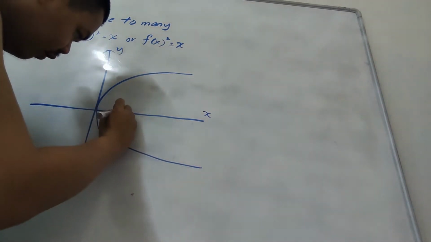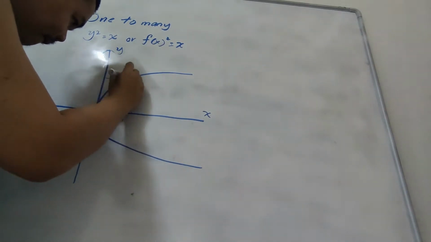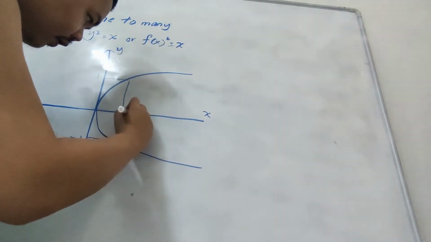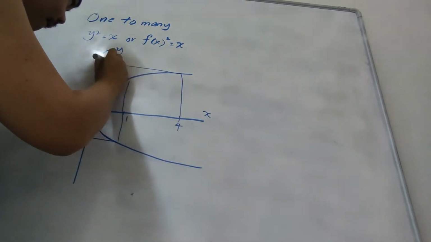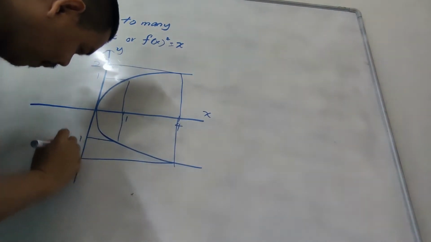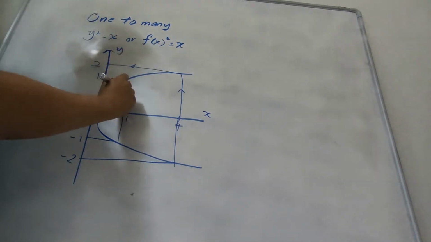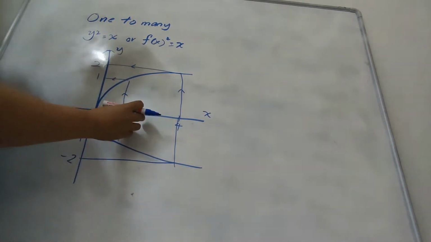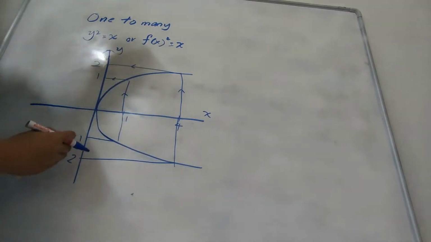So you have 1, then you have 4 here. So what you see is each value of the object corresponds to two values of image. That means each x value has a corresponding relation with two values of y.